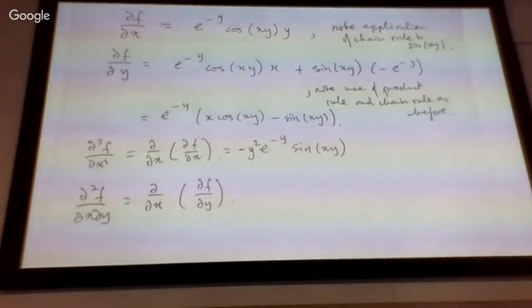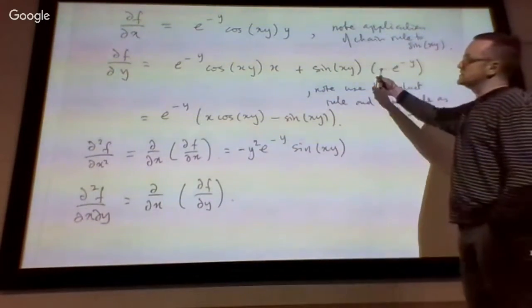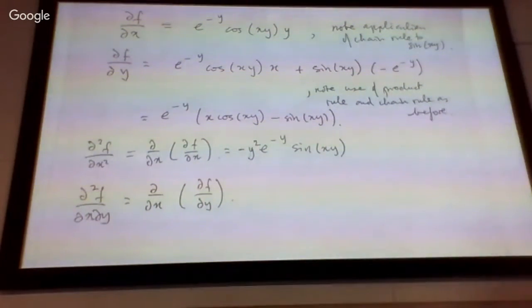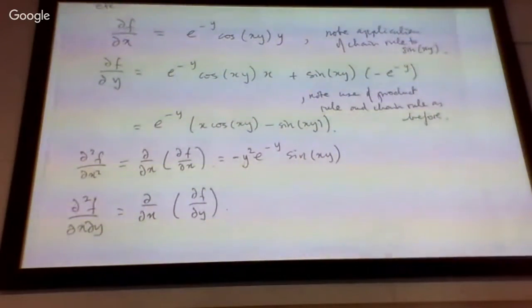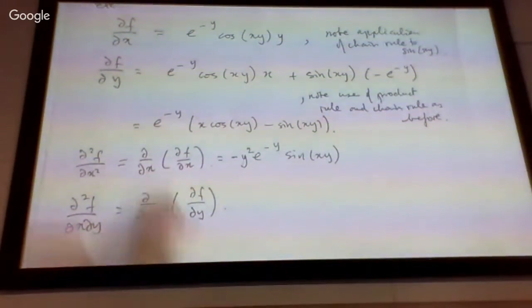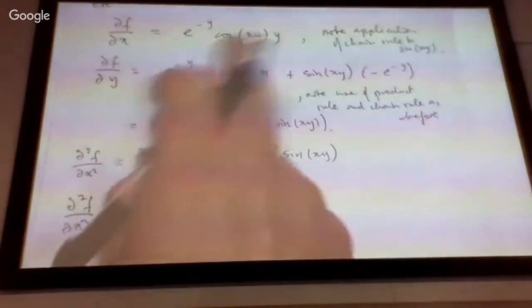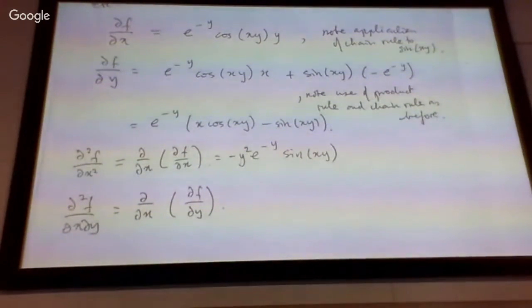So d/dx of df/dy now, that looks a bit more awkward to do because we're going to have to do the product rule. I was just going to look whether it would be easier to do d/dy of df/dx, but that's kind of like a triple product in terms of y, so it wouldn't really be any easier.